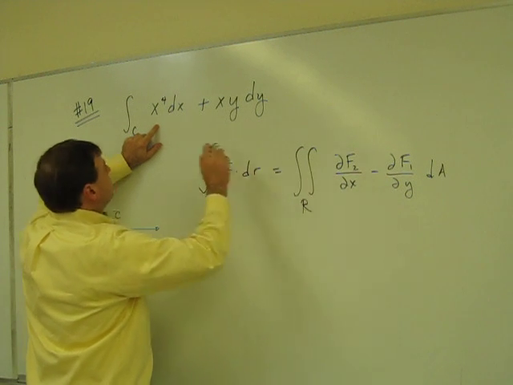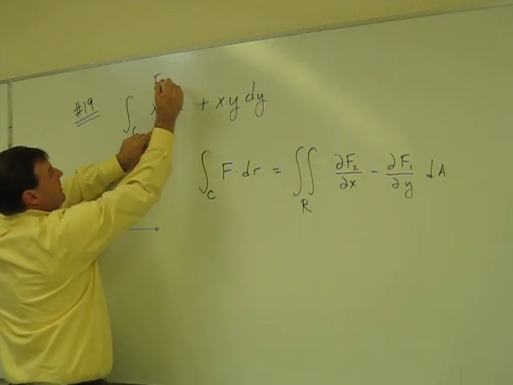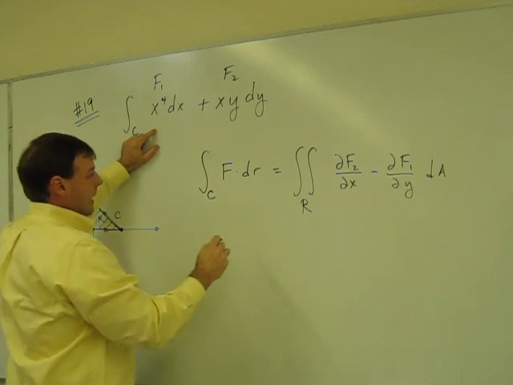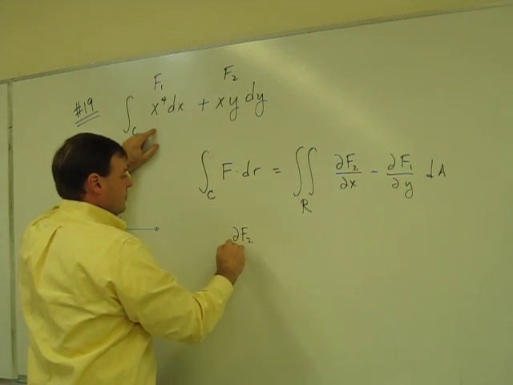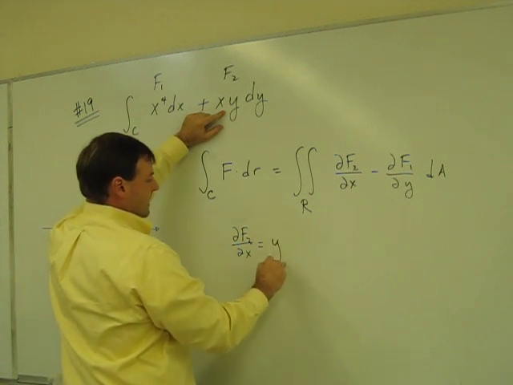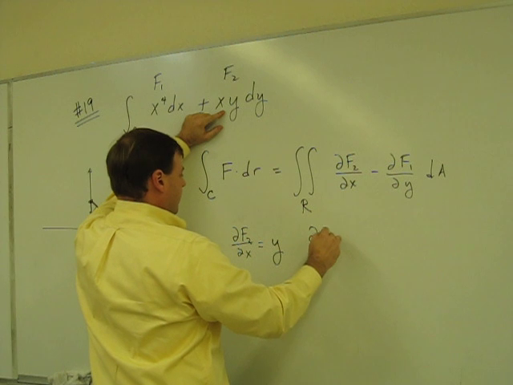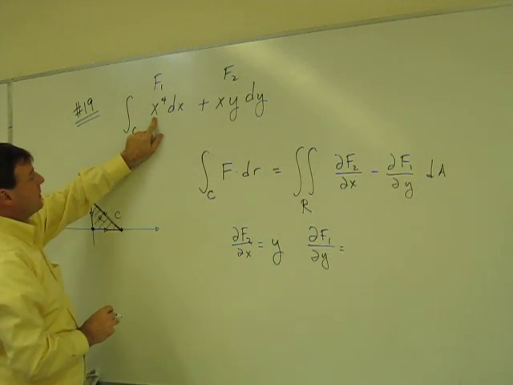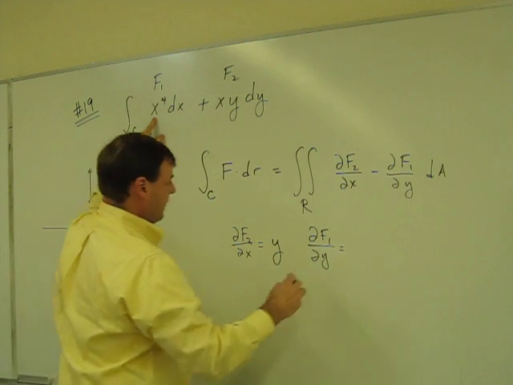The f1 and the f2 are as follows. This is your f1 and this is your f2. So del f2 del x, that's where I take the derivative of this with respect to x, I get y. Del f1 del y, that's where I take the derivative of this with respect to y, that just gives me 0.